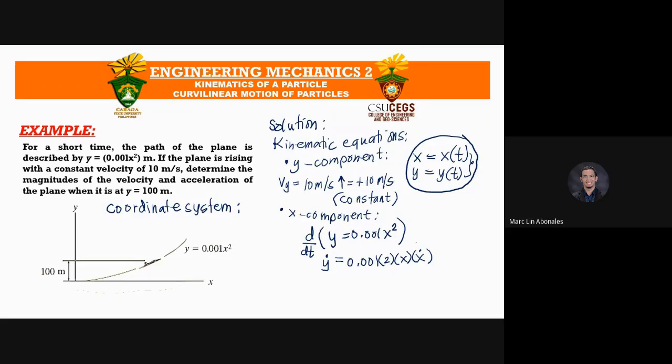So the derivative of y with respect to time is y dot or Vy, and for 0.001 x squared, you bring down the 2, so it becomes 2x, then the derivative of your variable x, which is x dot, which is equivalent to the x component of your velocity, which is Vx.